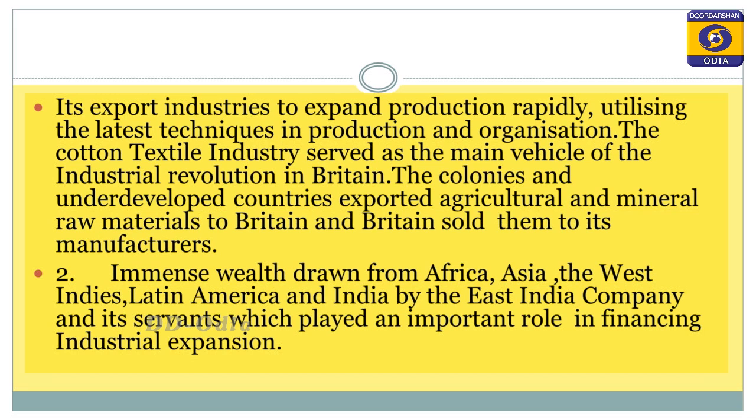The cotton textile industry served as the main vehicle of the Industrial Revolution in Britain. The colonies and underdeveloped countries exported agricultural and mineral raw materials to Britain, and Britain sold them its manufactures.